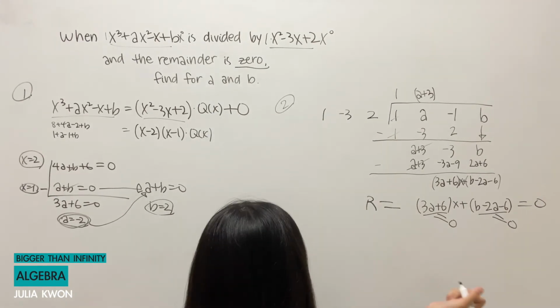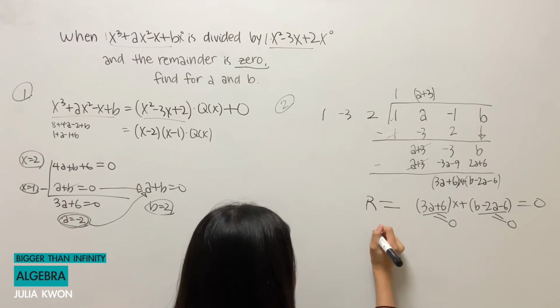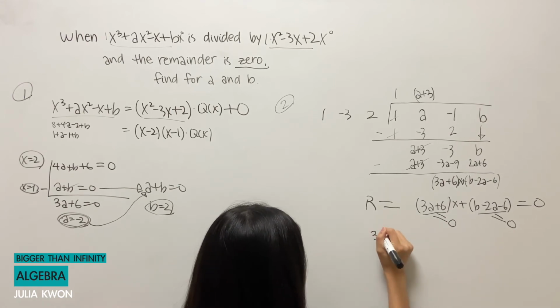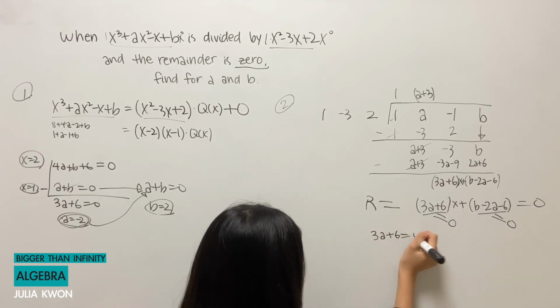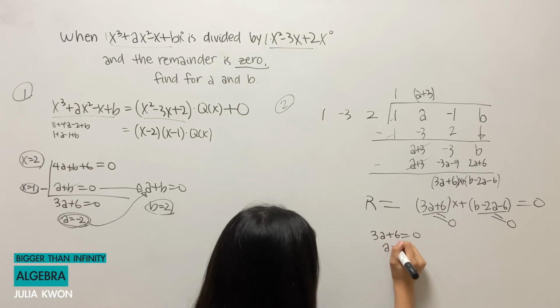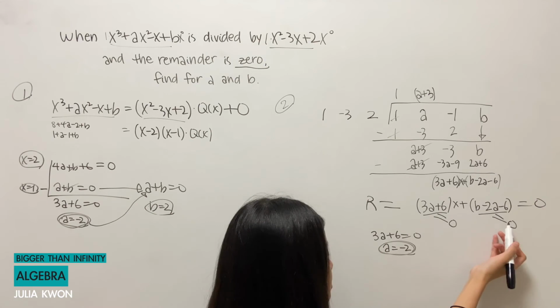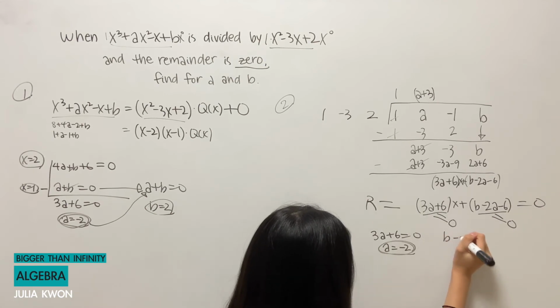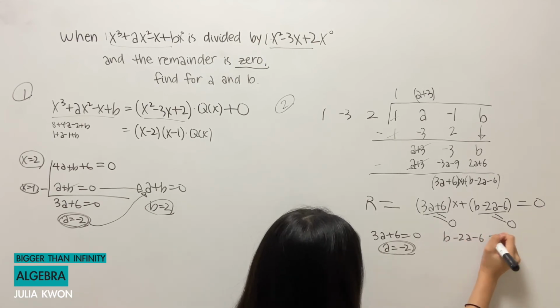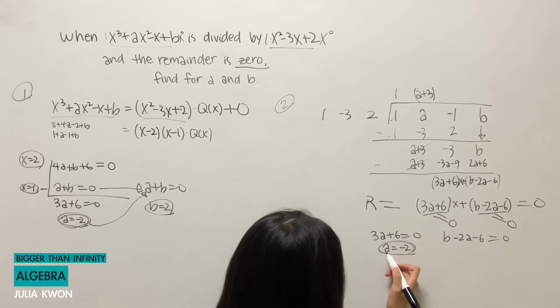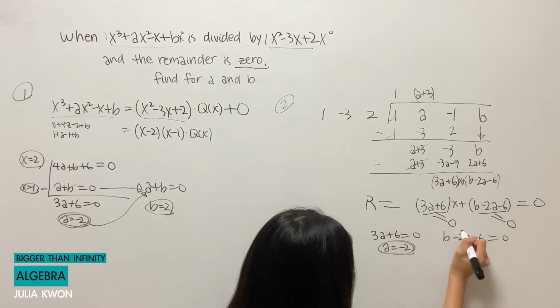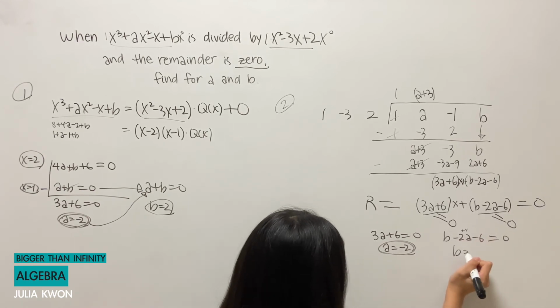So the two equations that we get from this remainder are 3a plus 6 equals 0, giving us the value for a as negative 2, and b minus 2a minus 6 equals 0. If we put a is negative 2 into here, we get plus 4, so b is 2.